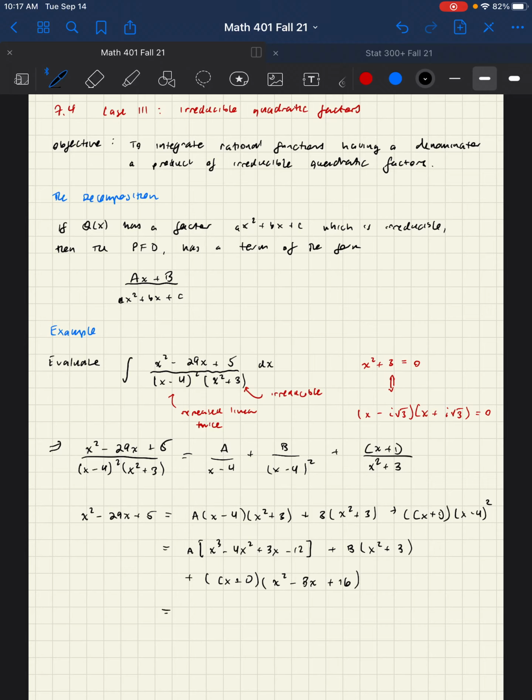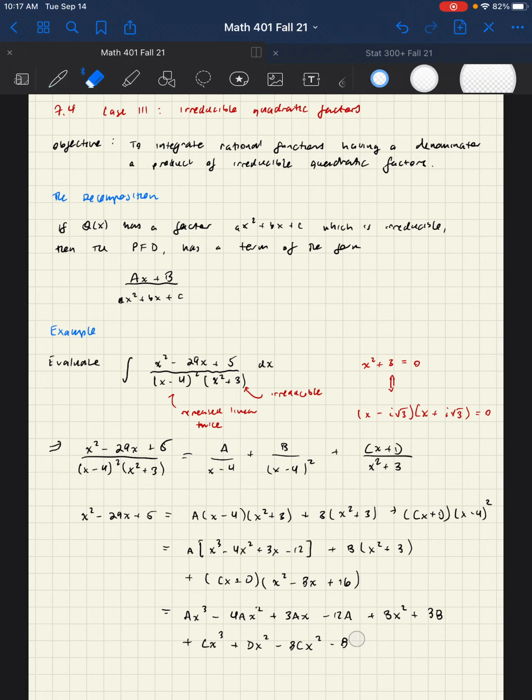And then we get Ax cubed minus 4Ax squared plus 3Ax minus 12A plus Bx squared plus 3B plus Cx cubed plus Dx squared minus 8Cx squared minus 8Dx plus 16Cx plus 16D. Okay, just double check that, make sure that that checks out.